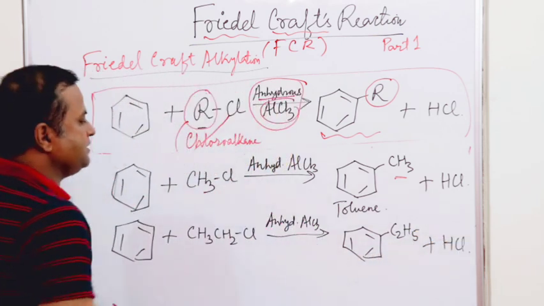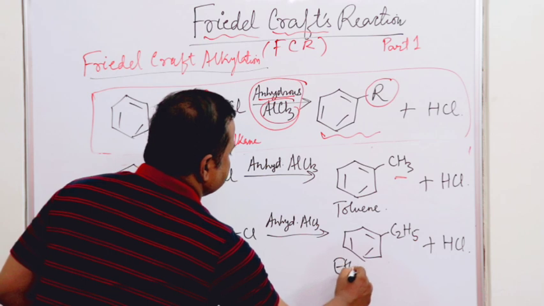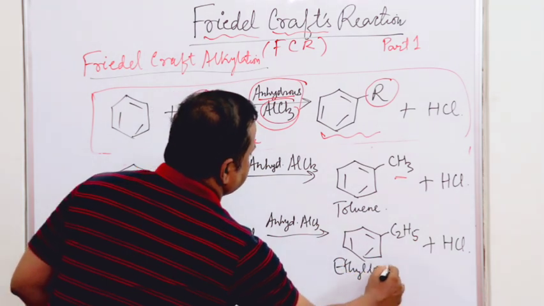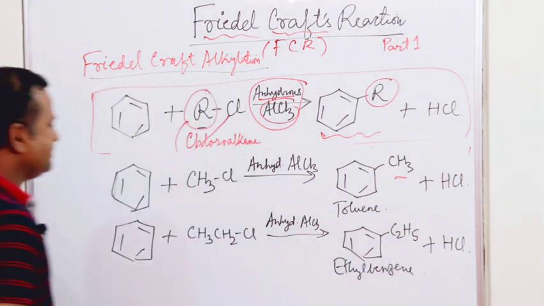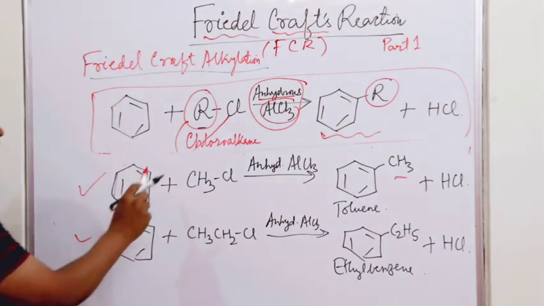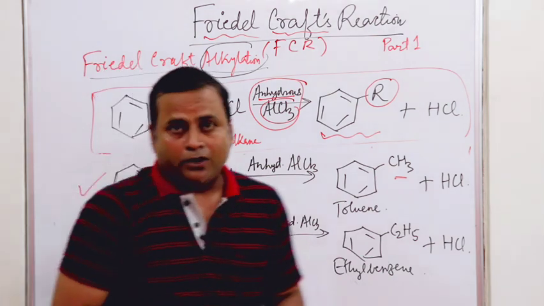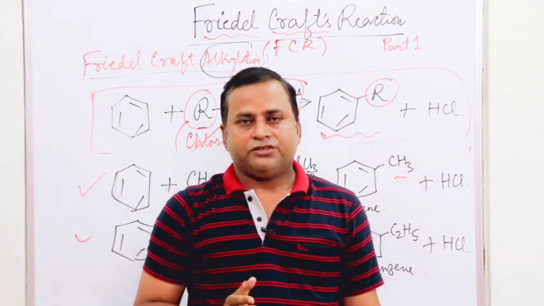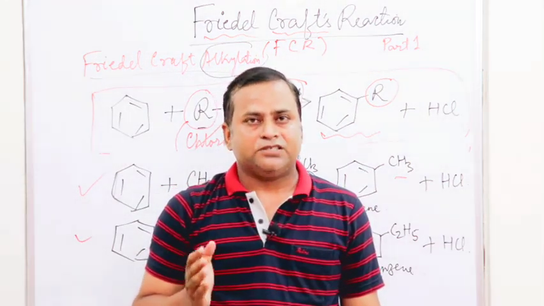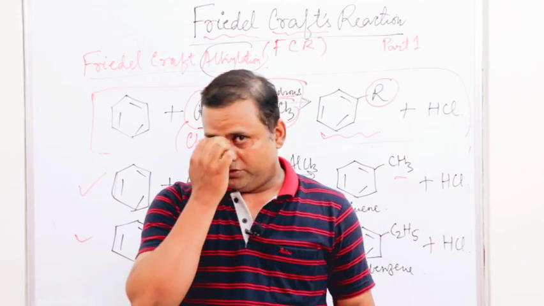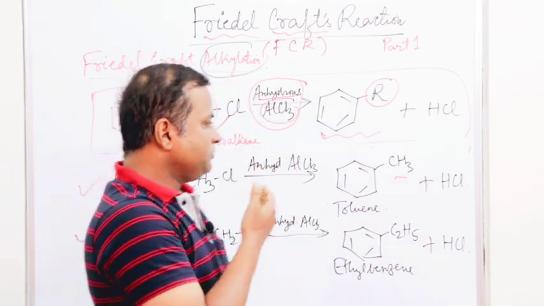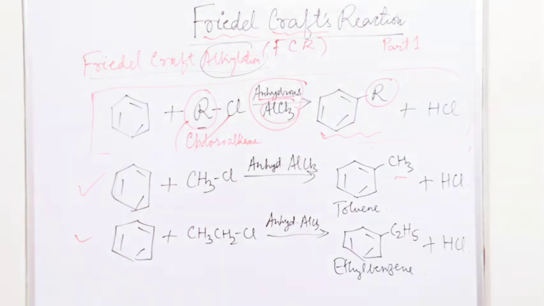Okay, ethyl benzene. So these are the two examples of Friedel-Crafts alkylation reaction. Now Friedel-Crafts alkylation reaction also has certain limitations. What are those limitations? You note down, then we will learn about it.